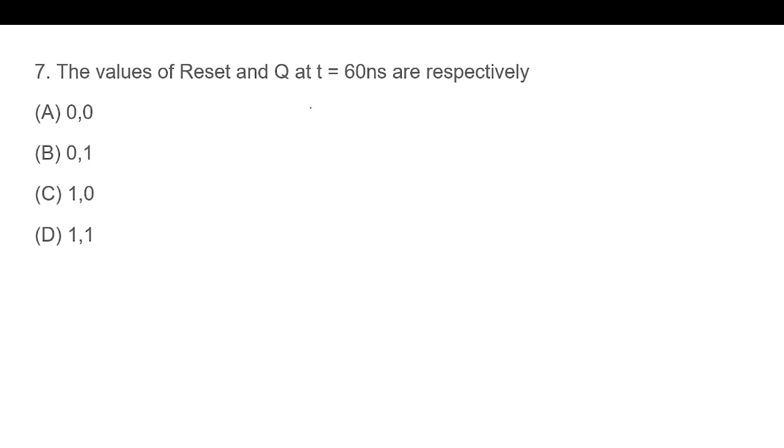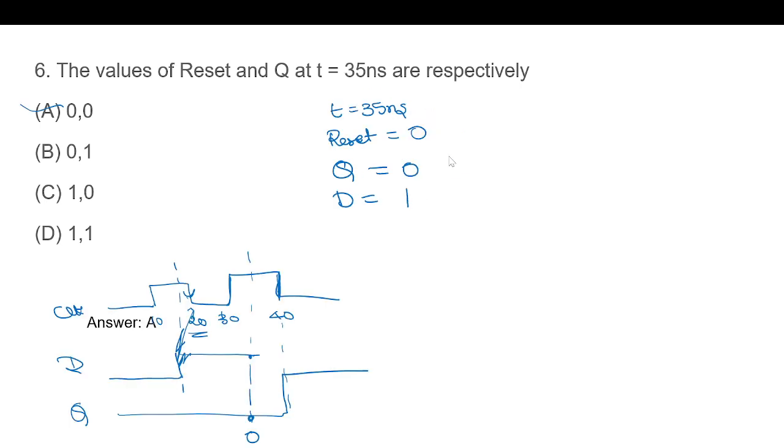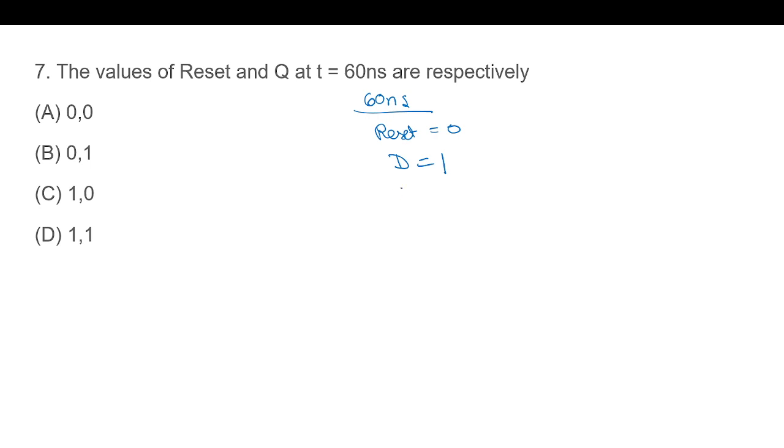At 60 nanosecond, previously reset was 0. The D was 1 and that D at this 60 it will be 1. So Q will change to 1.